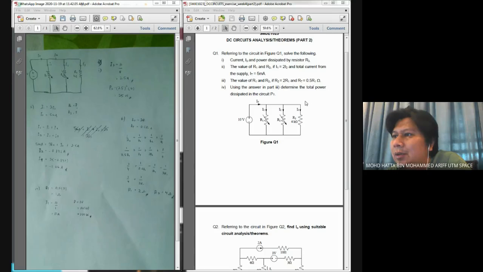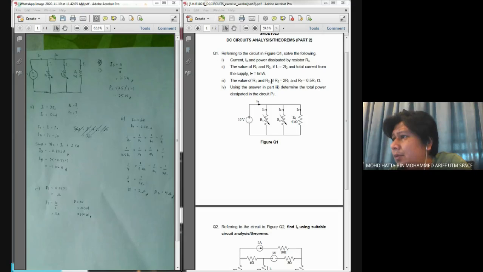Here Mohaimin used the current again, 2.5 squared times 4, which means he used I squared times R. You can also use V squared over R, where the voltage is 10 volts squared and divided by your resistor, which is 4 kilo ohm. And here, the answer should be 25 milliwatt because our resistor is 4 kilo ohm.